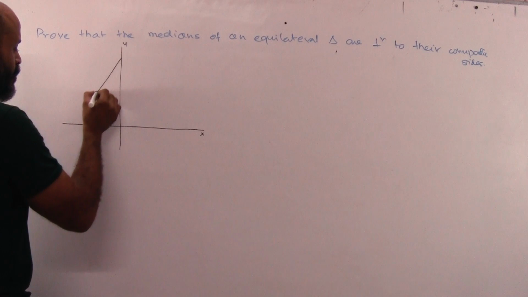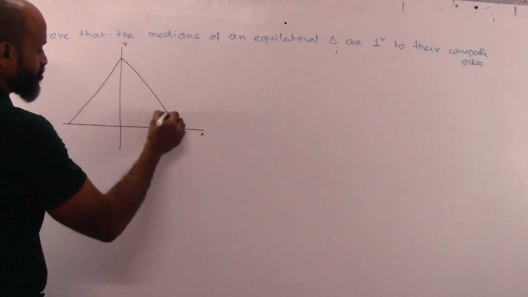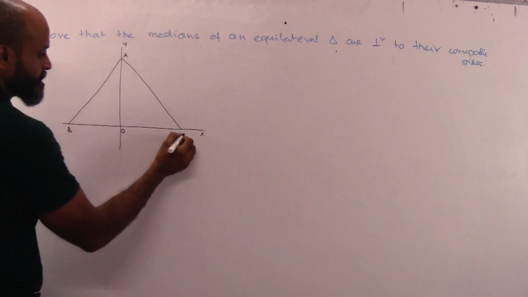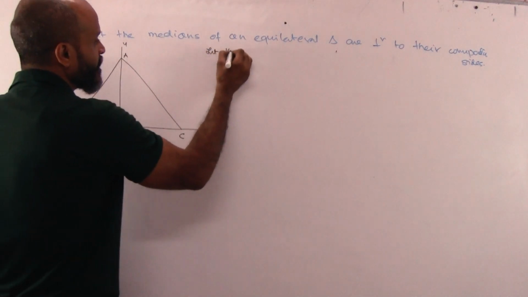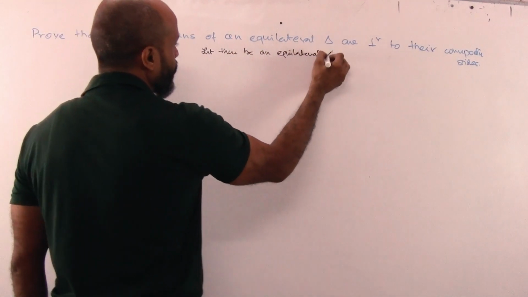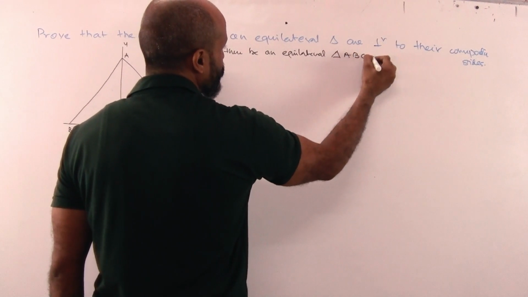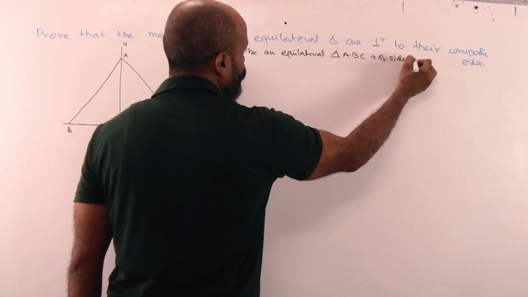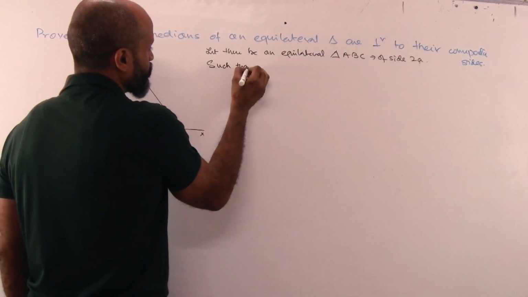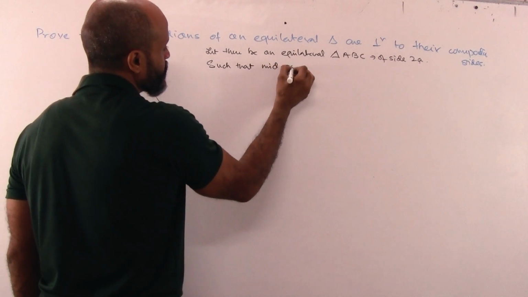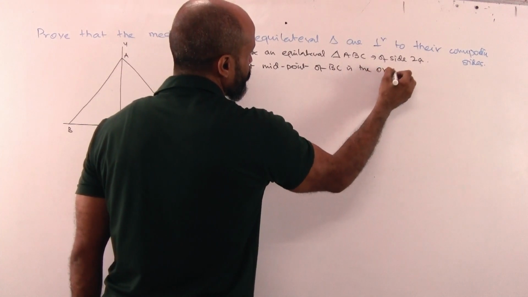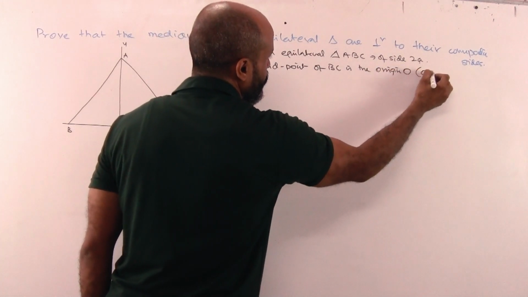We place an equilateral triangle in such a way that the median, this is basically A, B and C. So let there be an equilateral triangle ABC of side 2A, such that the midpoint of BC is the origin.